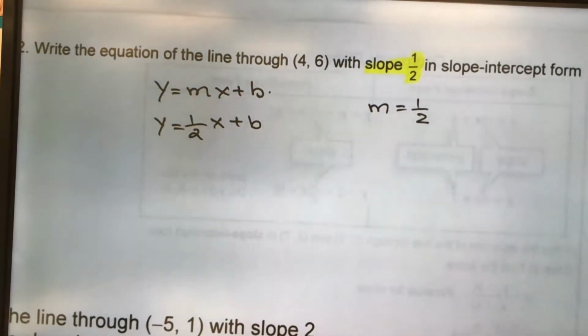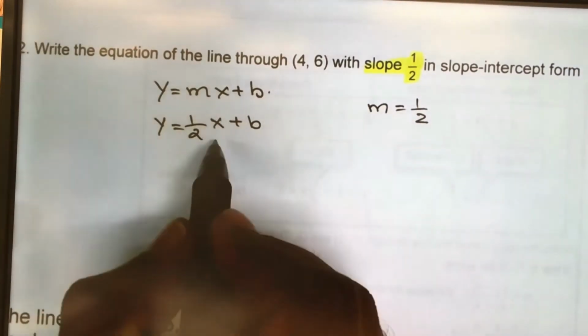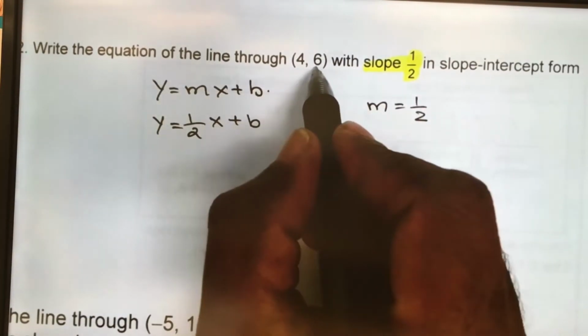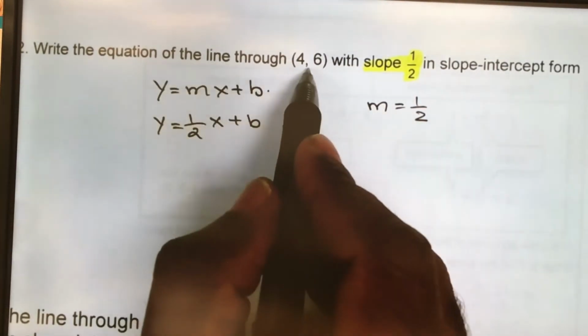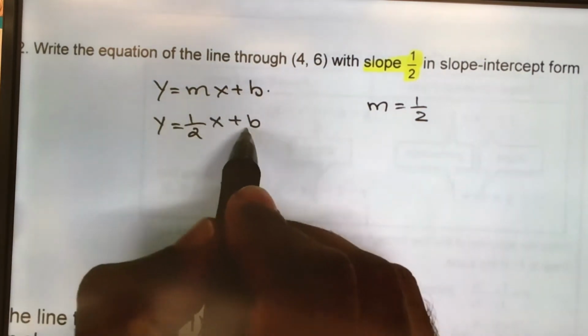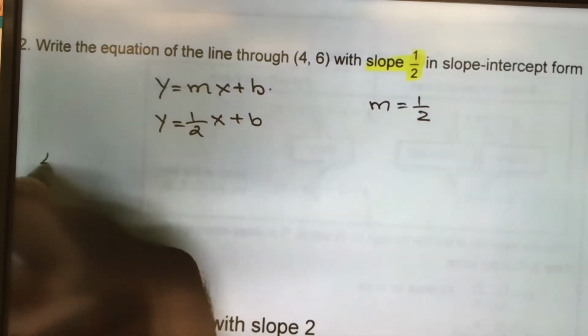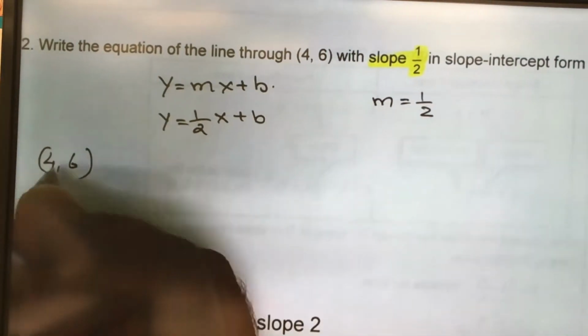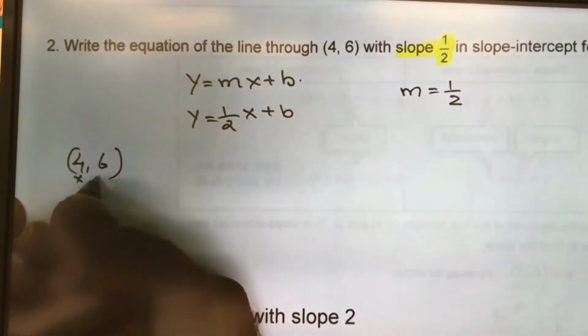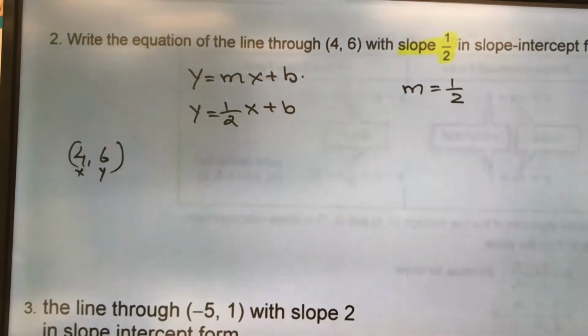Now I need to figure out what b, the y-intercept, is. Since this line is passing through that particular point, plug in (4, 6) in the equation. The 4 is the x coordinate and 6 is the y coordinate.